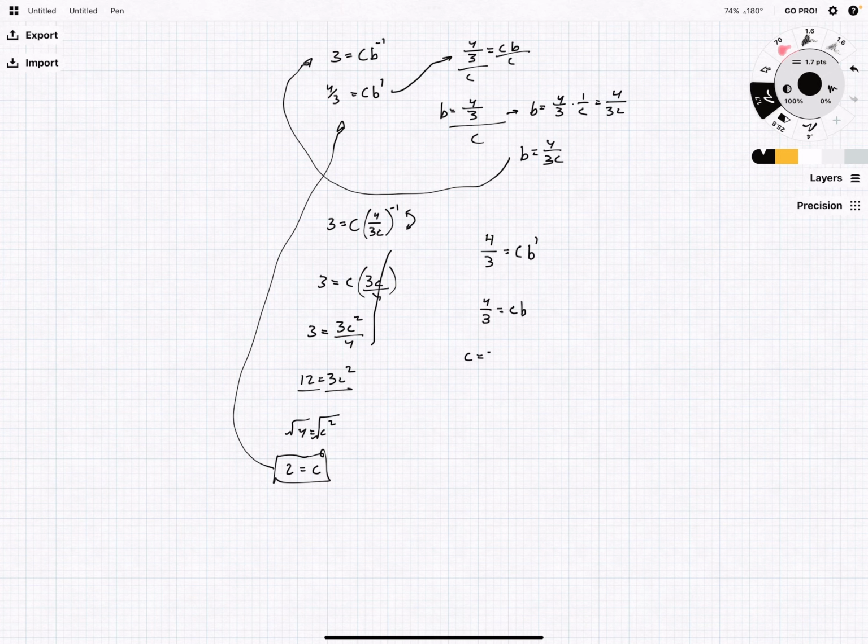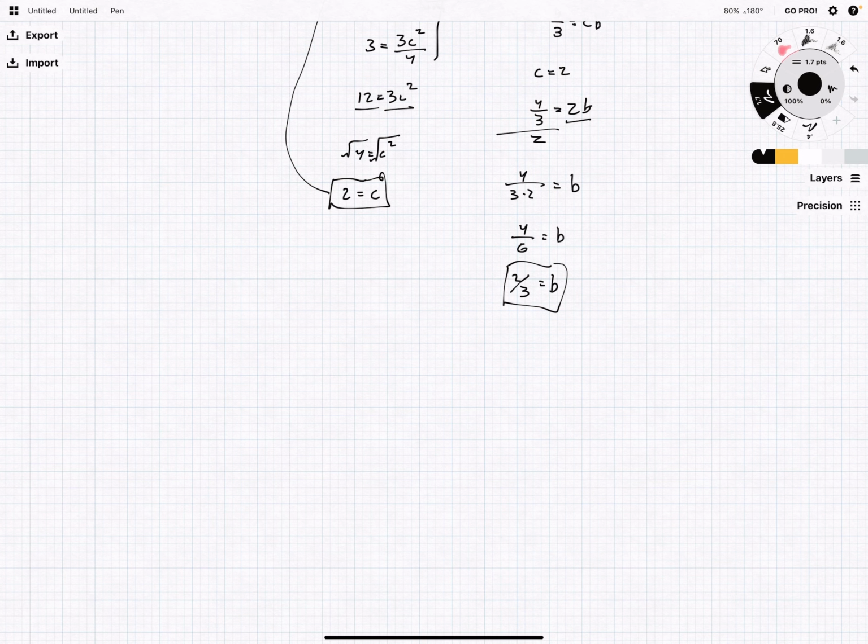So 4/3 equals 2b, we divide by 2, and that equals 4 over 3 times 2, so 4 over 6 equals b, and 2/3 equals b. So what we find is that c equals 2 and b equals 2/3.